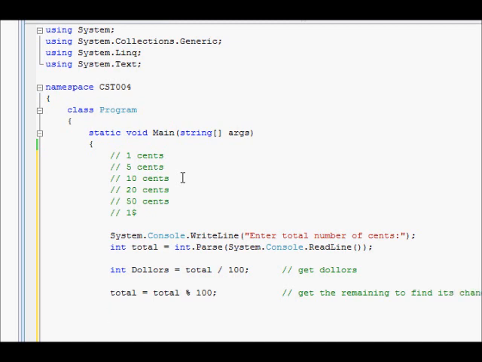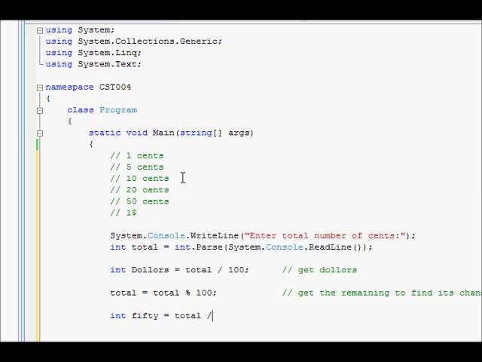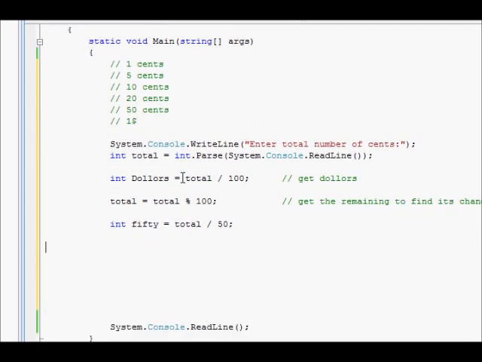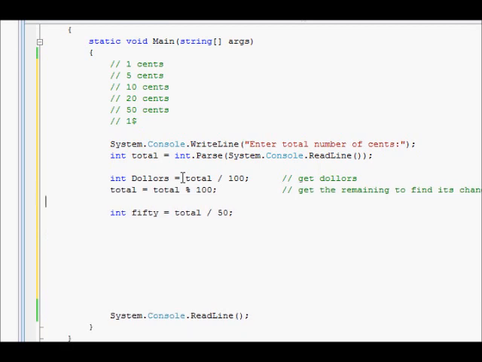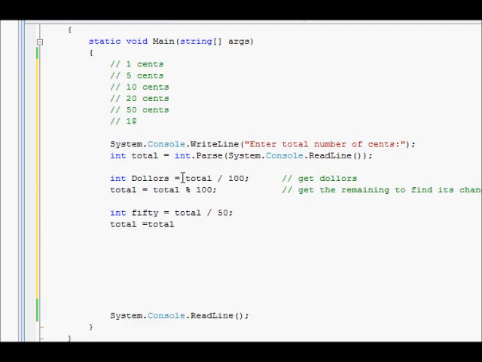Okay, now we have to work on the 50 cents. So fifties equals total divided by 50, right? Just wait a second. And in a similar way we would say total equals total modulus 50.